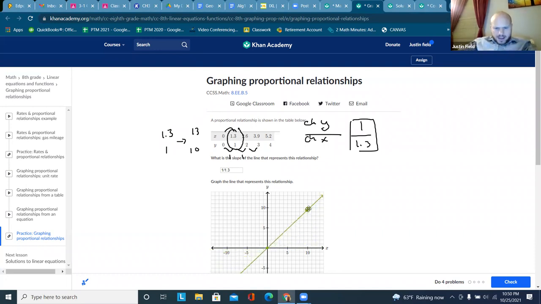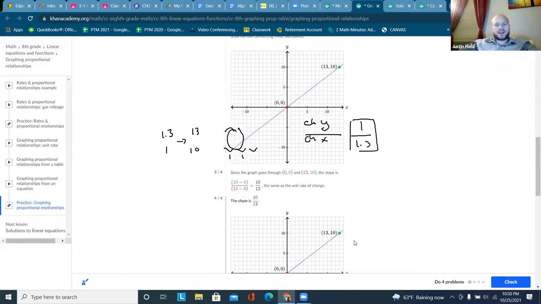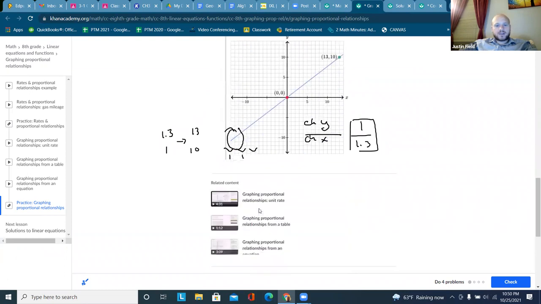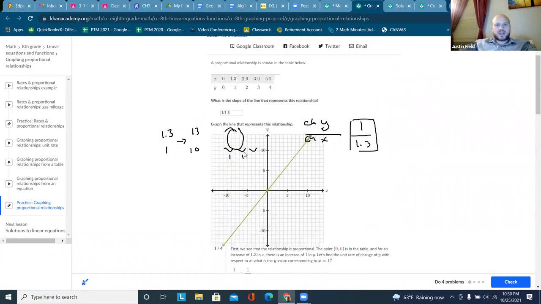10, and then go up 1, 2, 3. I don't know. That may be off, but oh man, let's click on the GitHub. 10, 13. Oh, was it because I didn't put 10, 13? Okay, 10, 13.